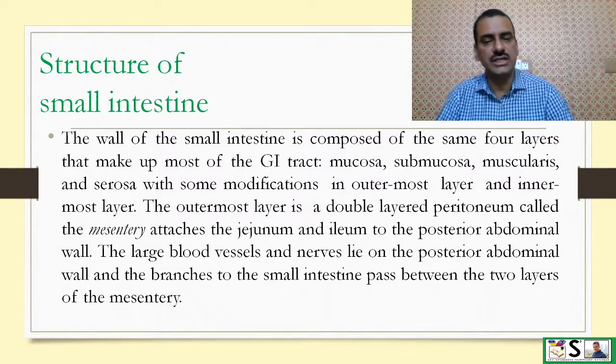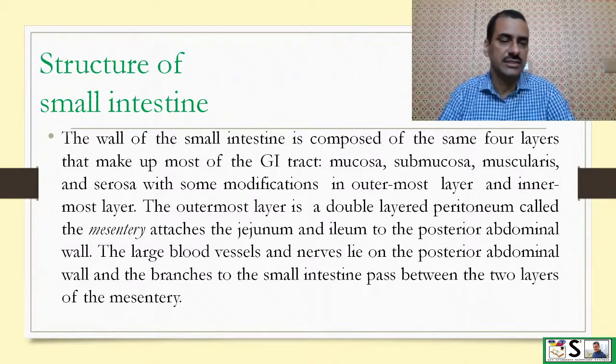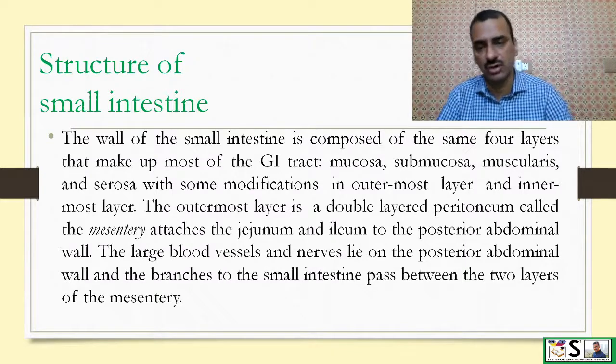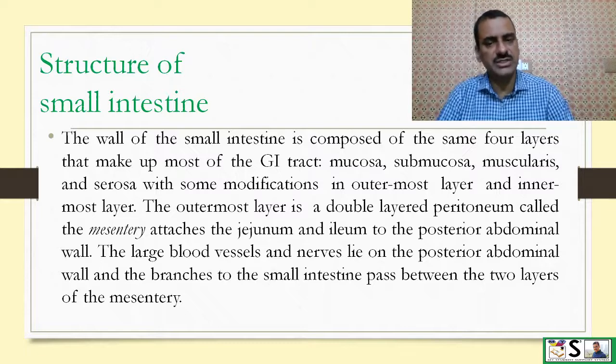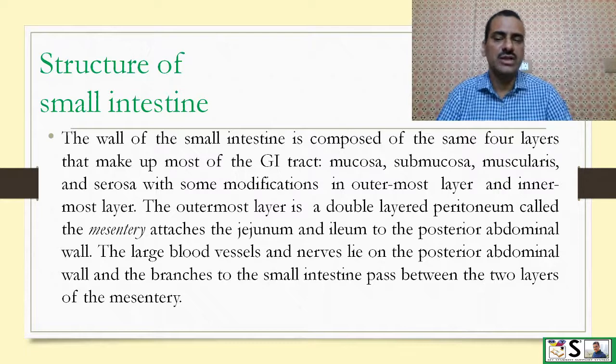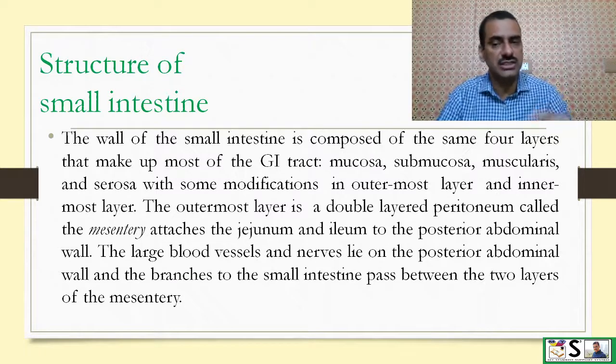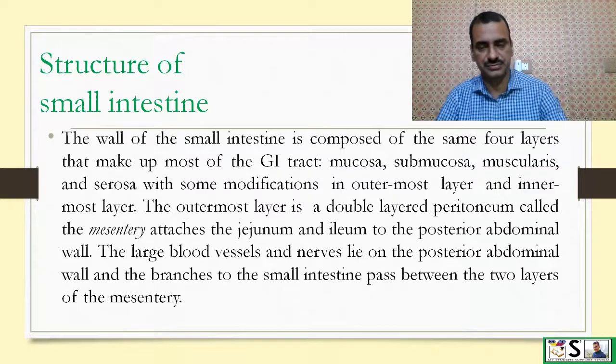The outermost layer is double layered peritoneum, also called as mesentery, attaches the jejunum and ileum to the posterior abdominal wall. The large blood vessels and nerves lie on the posterior abdominal wall, while the branches of blood vessels to the small intestine lie between the two layers of this mesentery or peritoneum.